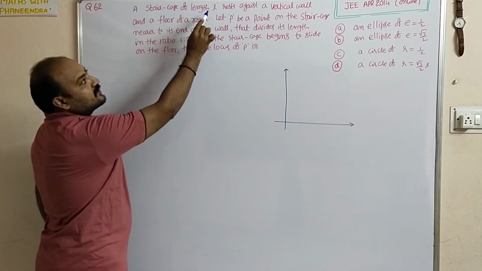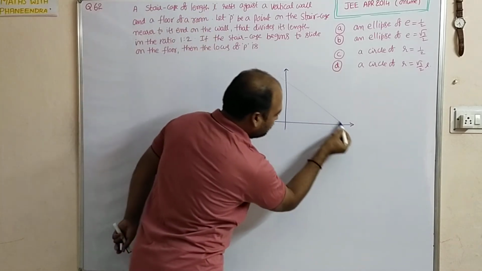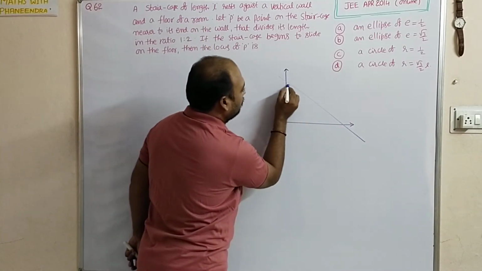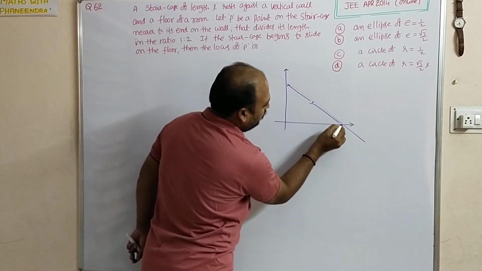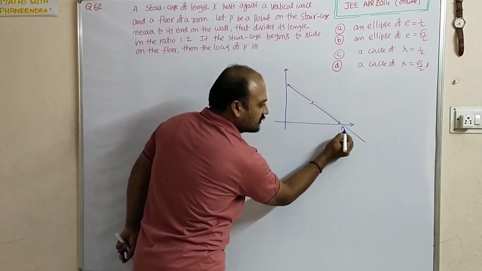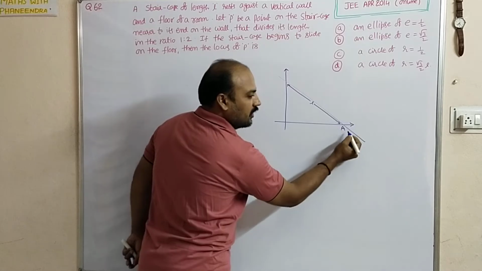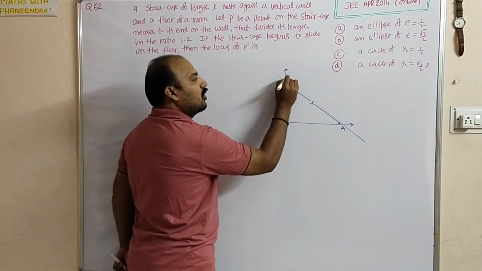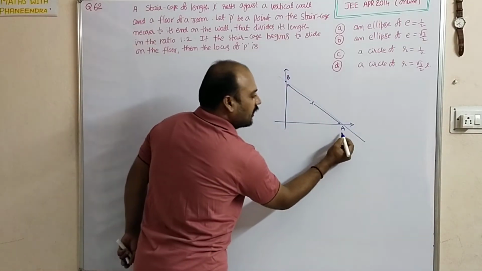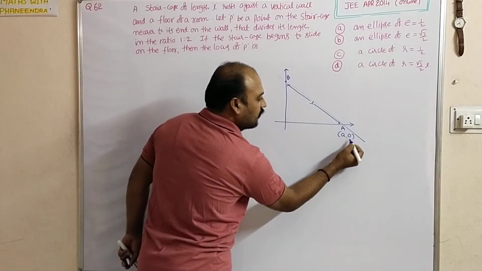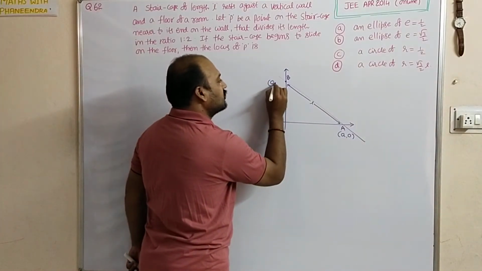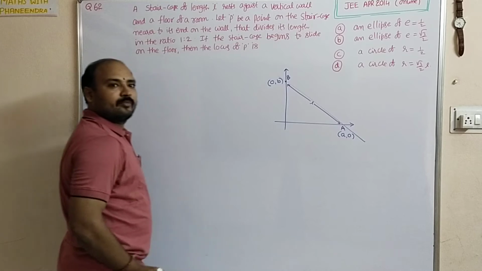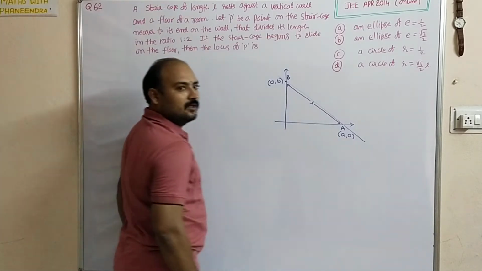A staircase of length L, from here to here, which meets the floor at A and meets the wall at B. This I am taking as a comma 0. This I am taking as 0 comma b, whose length is L.